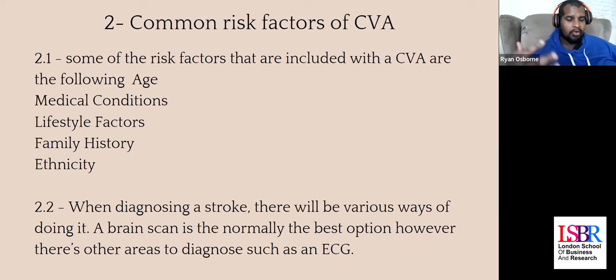And that can all be a factor because of their ethnicity, can't it? We know that sickle cell in, let's say, the Black Caribbean sector is pretty high, isn't it? So that's quite interesting. That's pretty much some of the things you want to look at when it comes to risk factors.